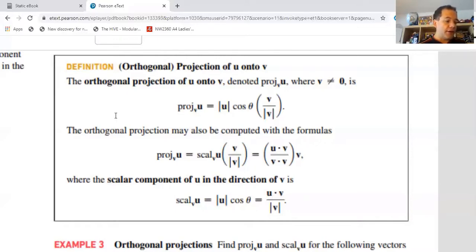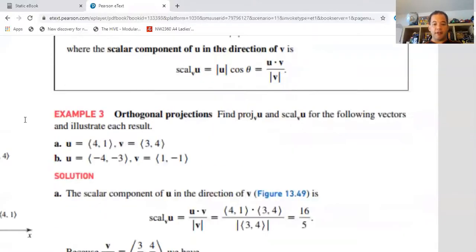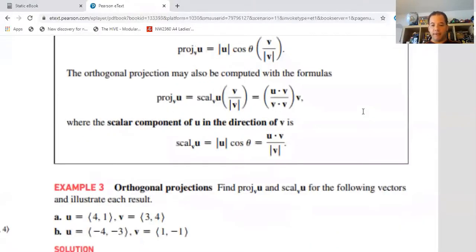So let's do an example. This one that follows right here. It says, find the projection of u onto v and the scalar of u onto v for the following vectors. Illustrate each result. So the vector u is 4,1, the vector v is 3,4; the vector u is -4,-3, the vector v is 1,-1.